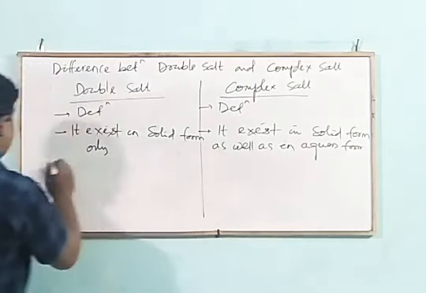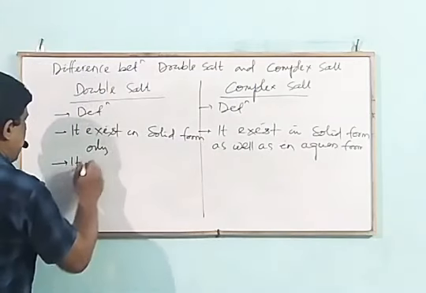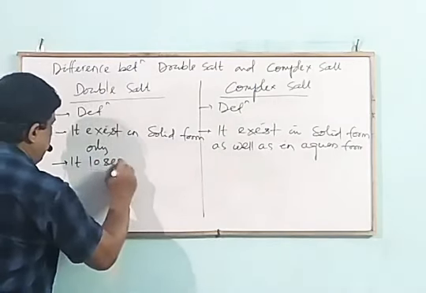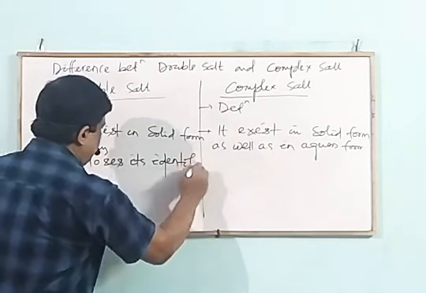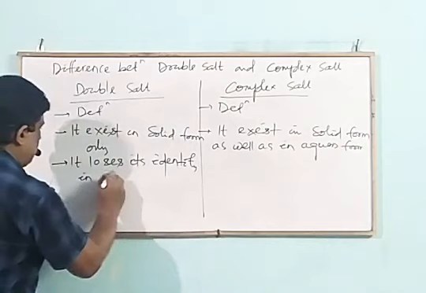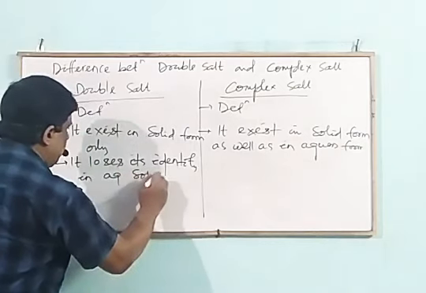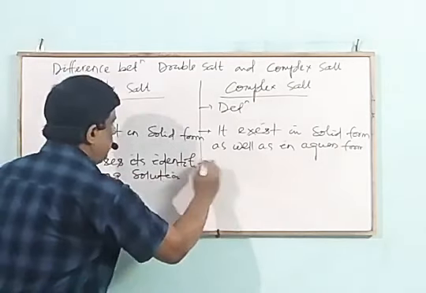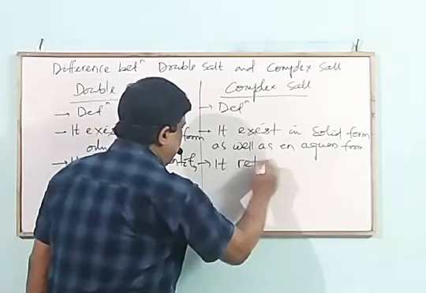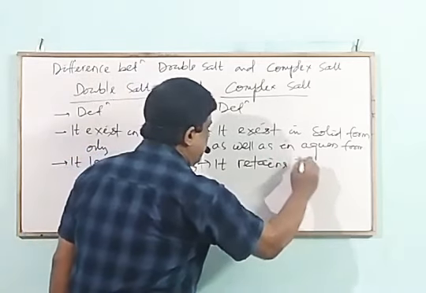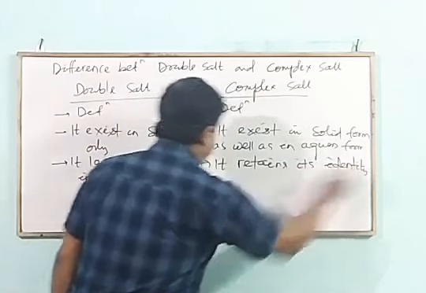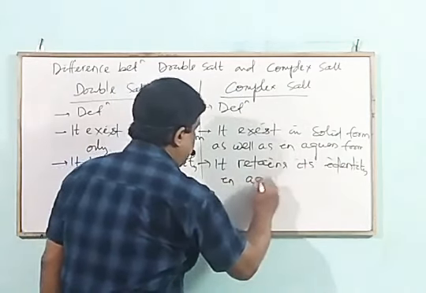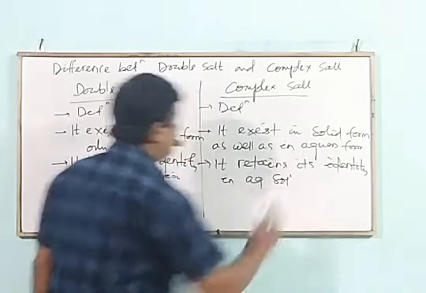Point 3. Double salt loses its identity in aqueous solution, but complex salt retains or maintains its identity in aqueous solution.